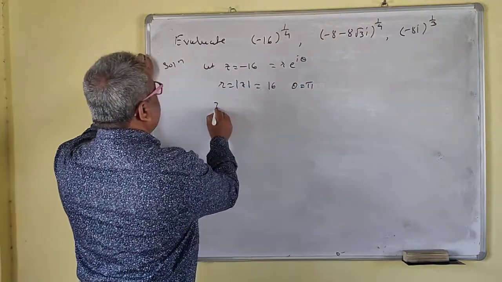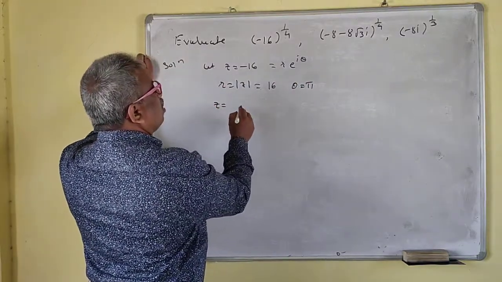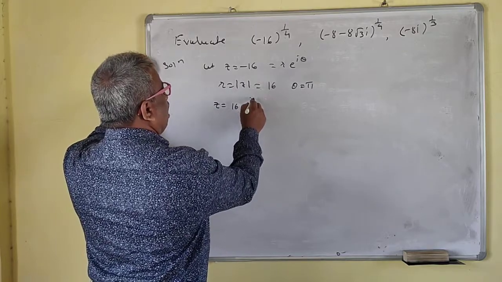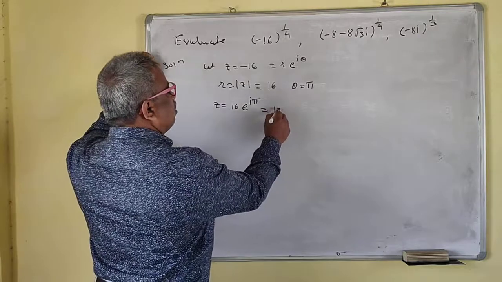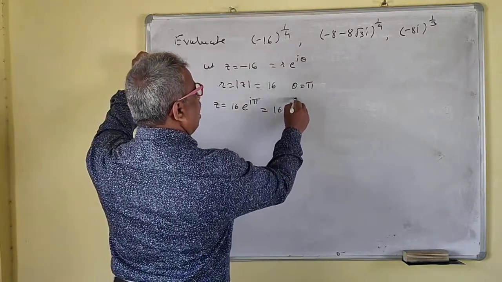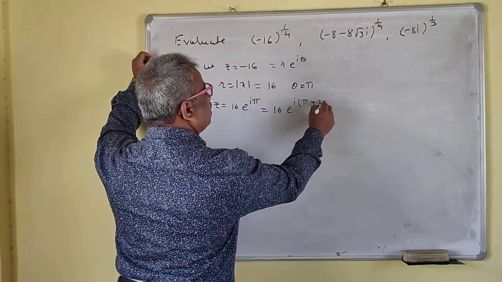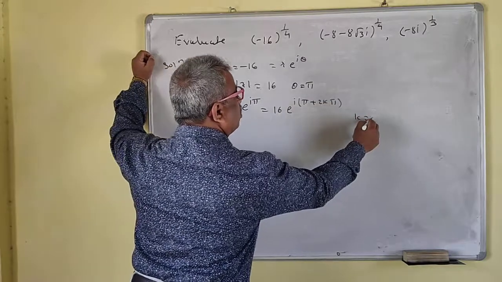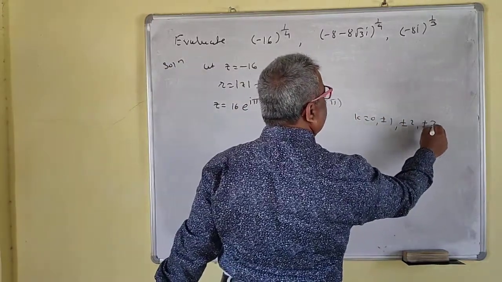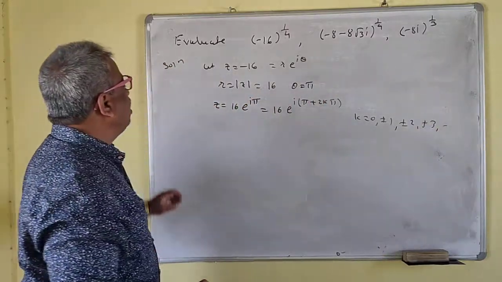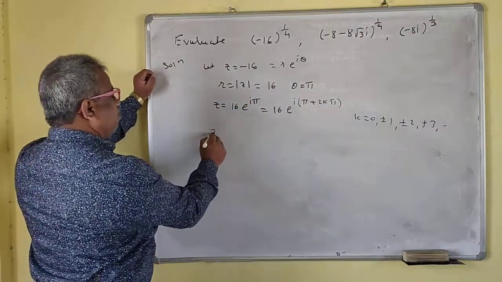So I can write z is equal to 16 e raised to i pi, and I can write this as 16 e raised to i into pi plus twice k pi, where k is 0, plus or minus 1, plus or minus 2, plus or minus 3, and so on. I want the fourth root, so I have to take the fourth root.